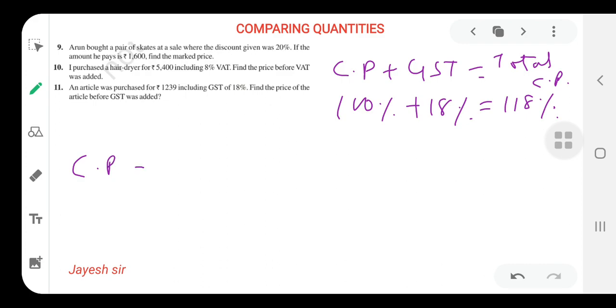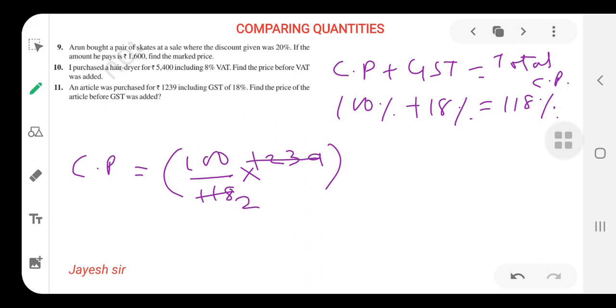Same formula, CP equals 100% we need to find, so 100 will come above, 118% value is given, and 1239, we'll start cancelling by 59 and 2. First we'll start cancelling from 2, because it is the special number and it would be cancelled by 59 only. 59 2s are, then here it will become 21.